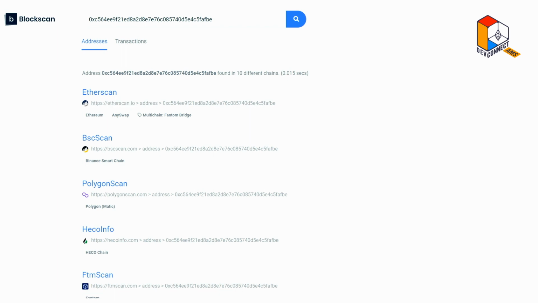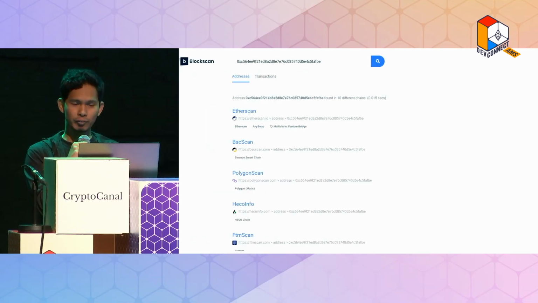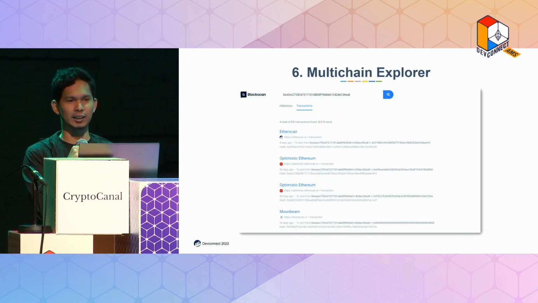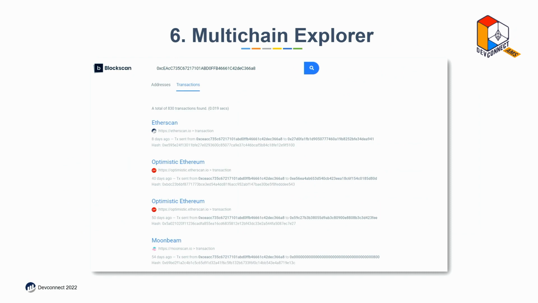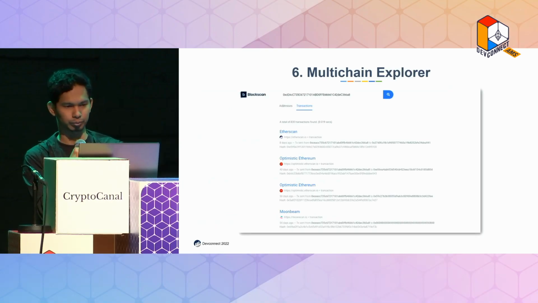It's not just on Ethereum and Phantom, but also in a bunch of other blockchains that the address is being used. But what we've done is that we've added not just addresses, but also transactions. So whether you've done a transaction on Ethereum, on Optimism, or on any other rollup or blockchain that we support that uses EVM, we track that starting from today.